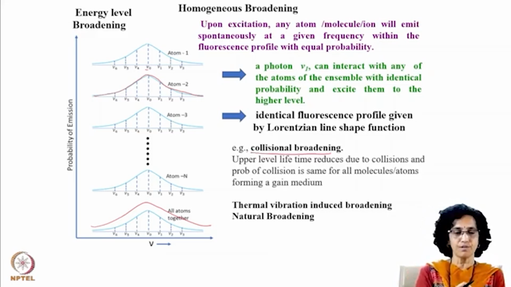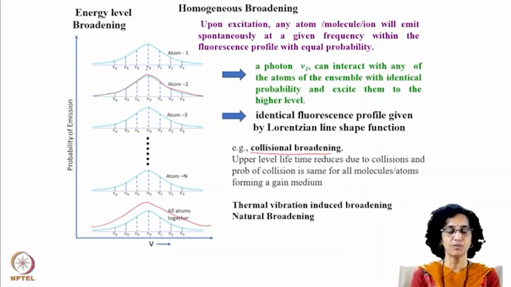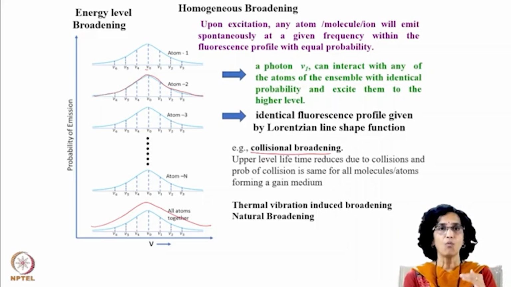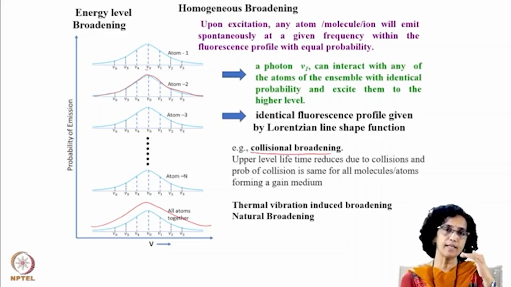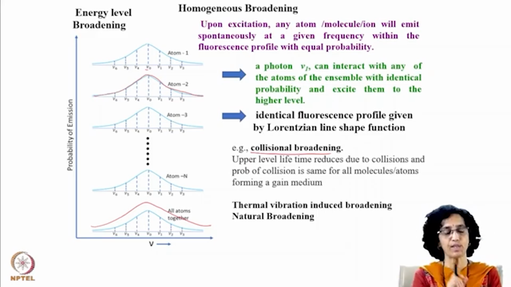Okay then, what we have learned today is that we have seen pulsed operation of a TEA CO2 laser. We have also seen repetitive operation of a CO2 laser. We have seen why, when the excited species comes down, there is a broadening of the energy level, called spontaneous broadening.